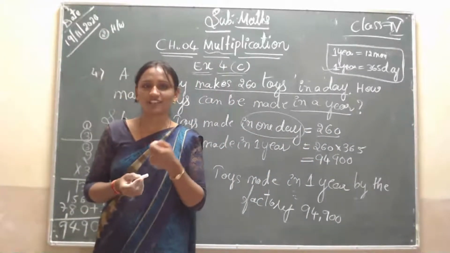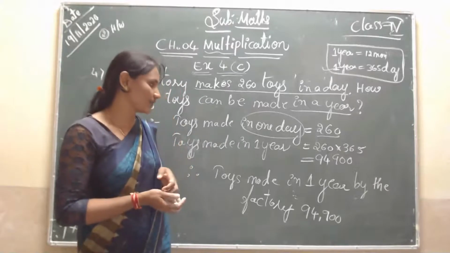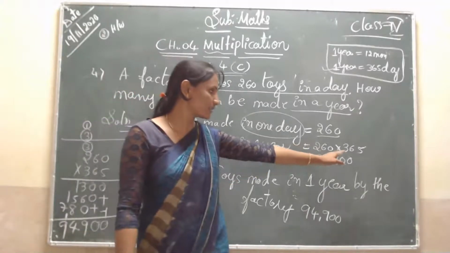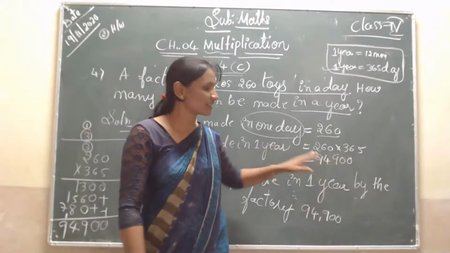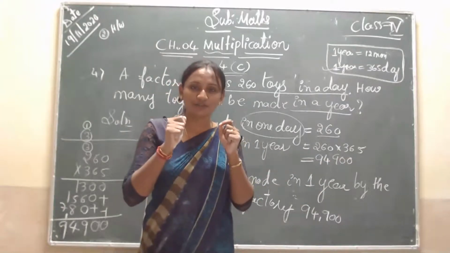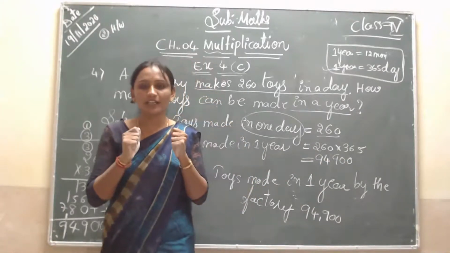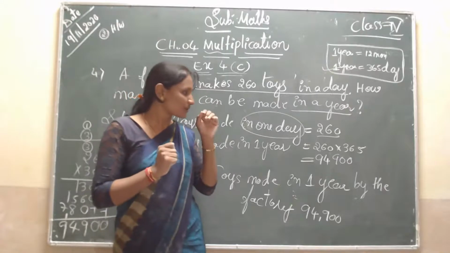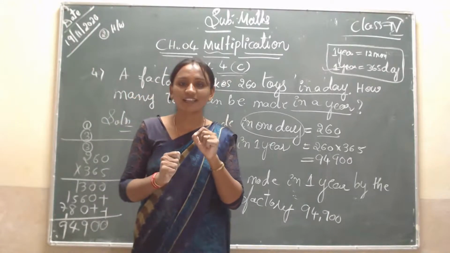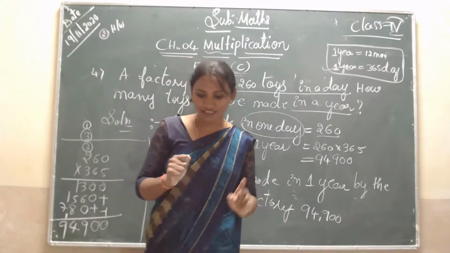So for 1 year you have to consider 365 days, and 260 into 365 is 94,900. So 94,900 toys are made in that 1 year.